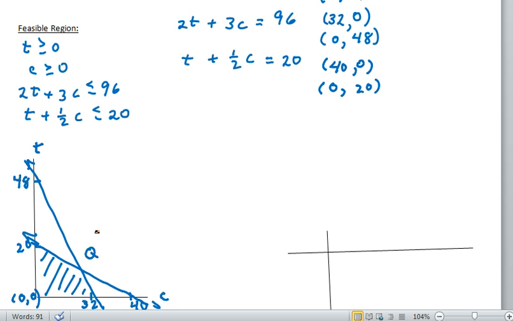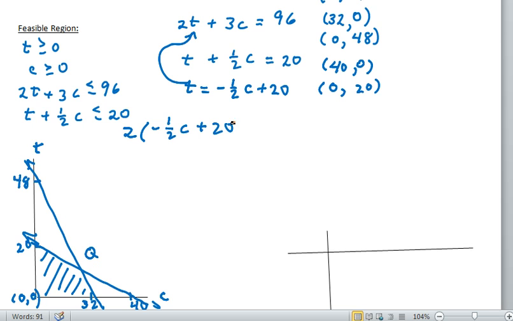So let's find the coordinates of Q by solving the second equation for T and substituting this value of T into the first equation. So we get 2 times negative 1/2 C plus 20, plus 3C equals 96.